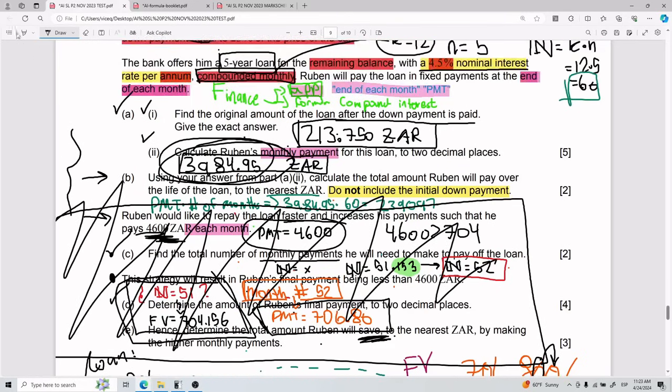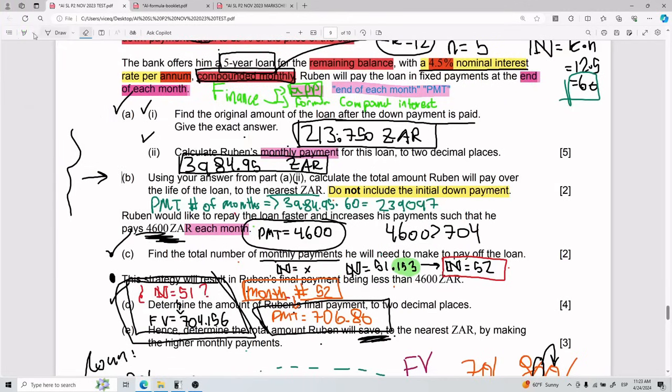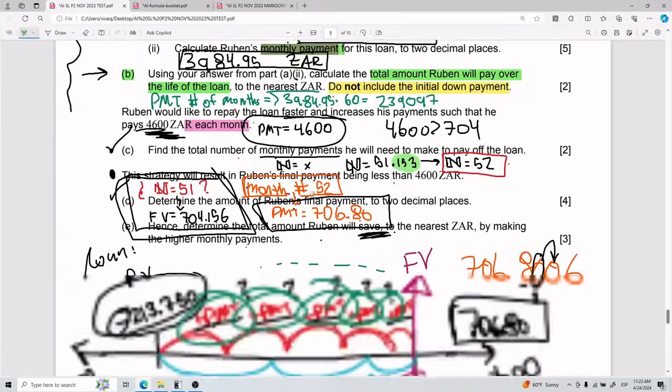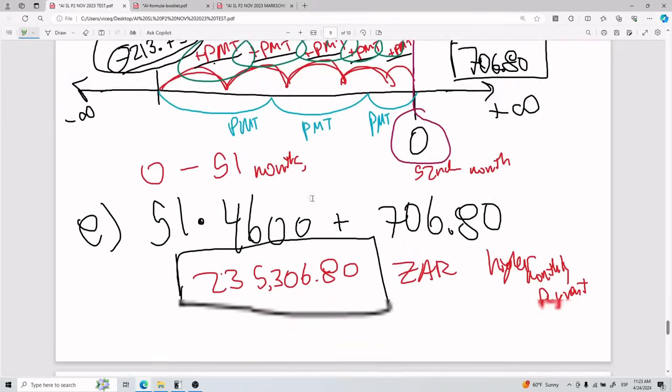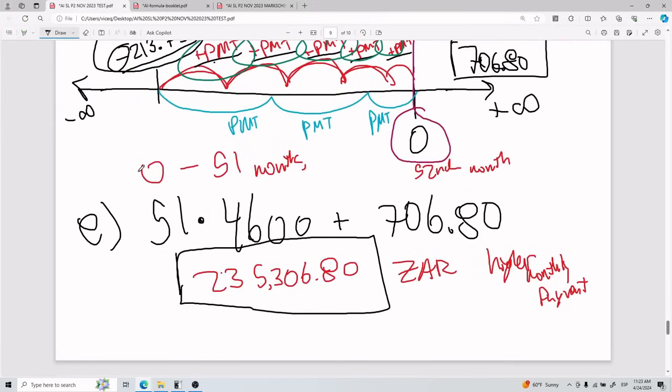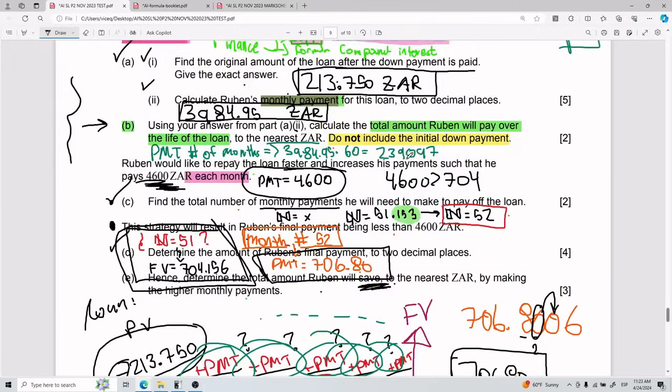And so right before this in part B, I know this is scratched all over, so let me erase a little bit. For part B, we were saying the total amount for the life of the loan, in which context it was for a monthly payment that was a little bit lower. And so technically I need to compare what I just got with part B.